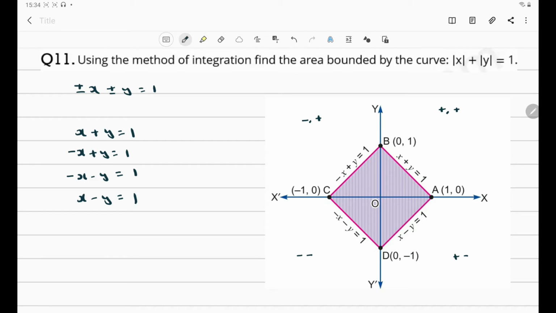If we are able to find the area of triangle OAB, then we can multiply that by 4 to get the total area of the figure.